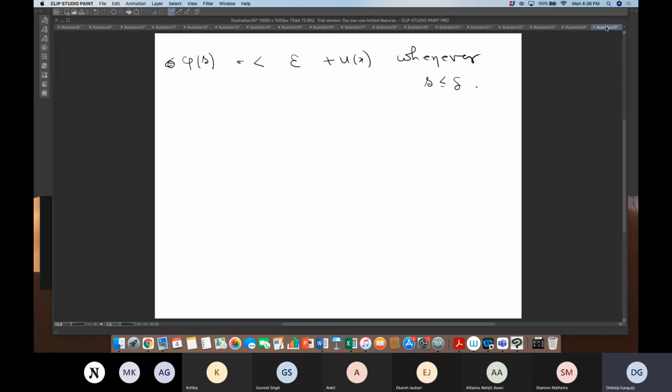Okay. So this we have. You take modulus. Sorry. Modulus of phi s is less than epsilon plus u of x whenever s is less than or equal to delta. Yes or no? Yes.